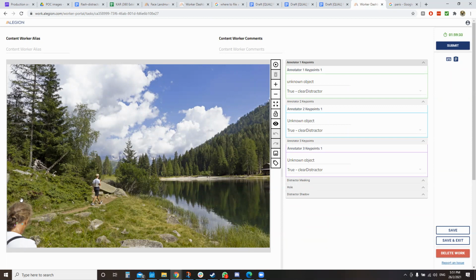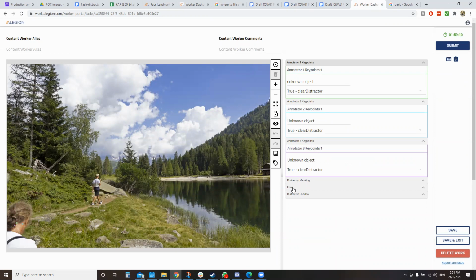Okay, let's say this person is the distractor. He has one key point here, and this is the shadow of the person.